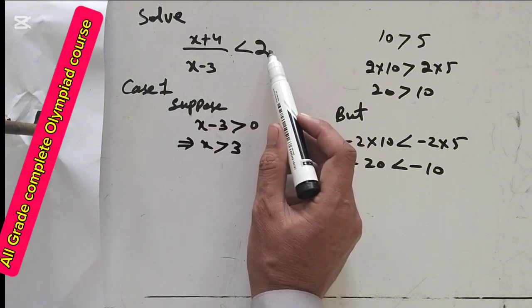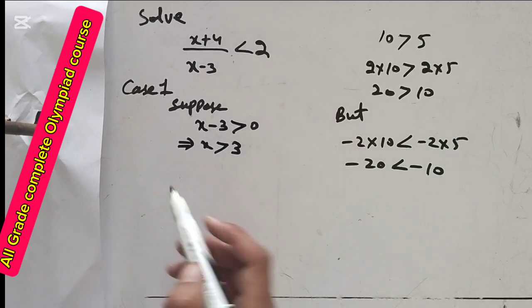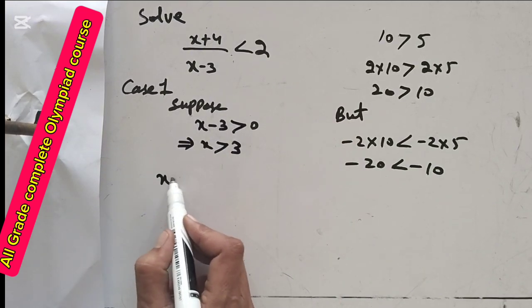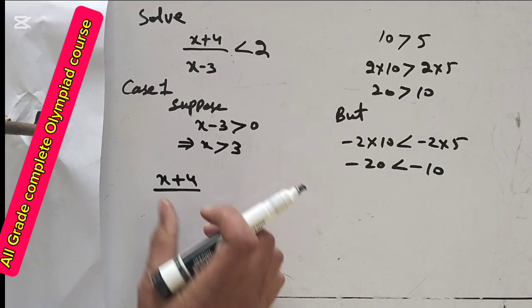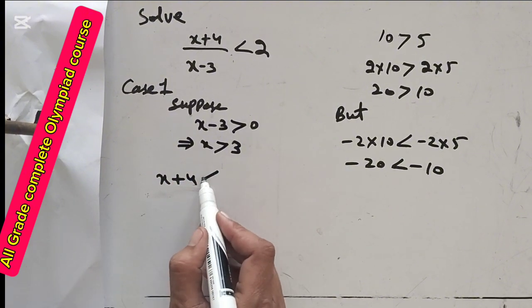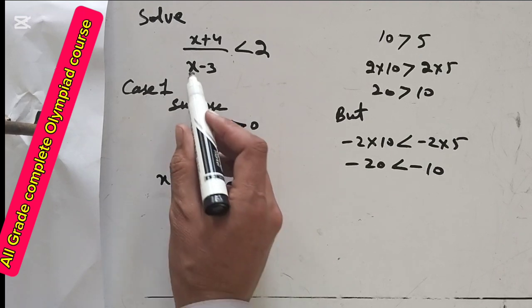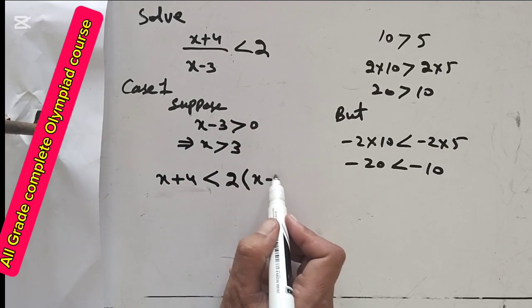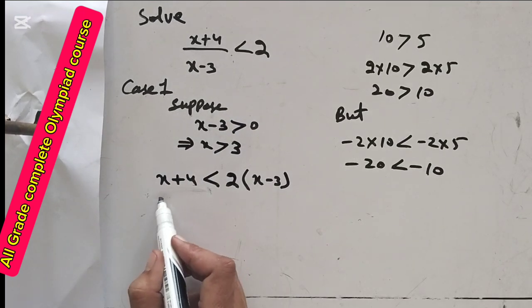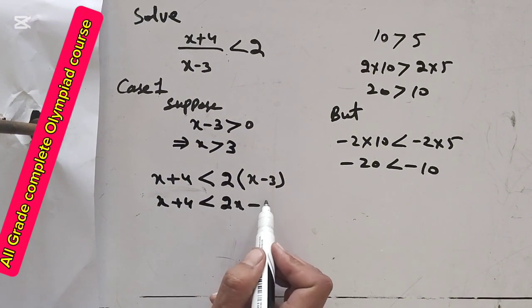When we multiply this x - 3 to this side, we do not change the inequality symbol because we consider x - 3 as positive. x + 4 is less than 2x - 6.